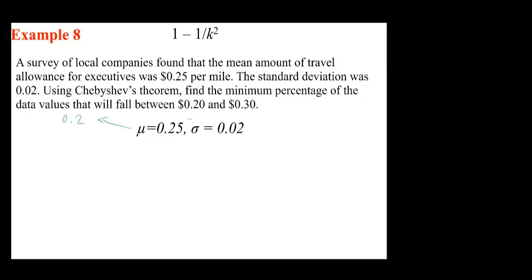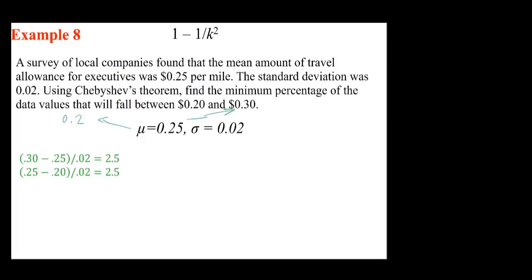To the right of it is 0.3. And the distance between those two numbers and 0.25, which is the same, by the way, has to be divided by sigma to give us k, the number of standard deviations. So 0.3 minus 0.25 or 0.25 minus 0.2, they give us the same answer.